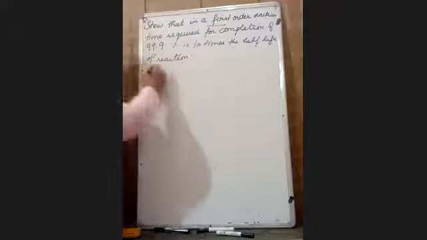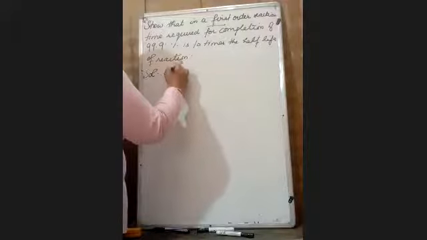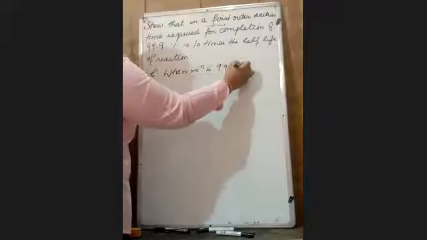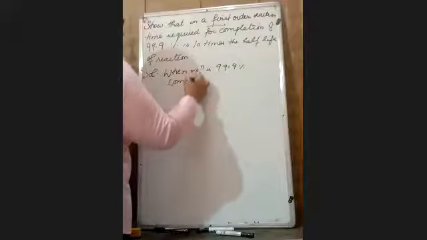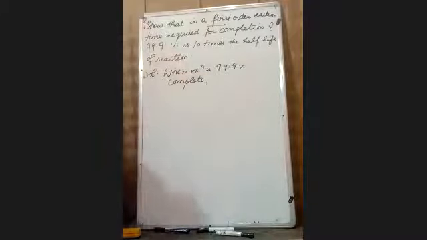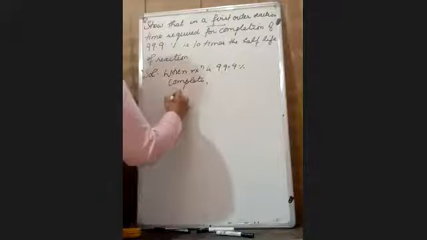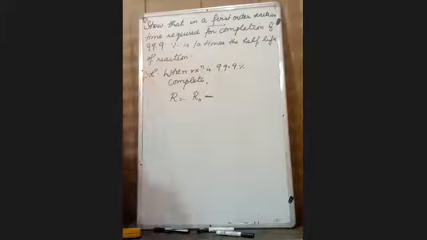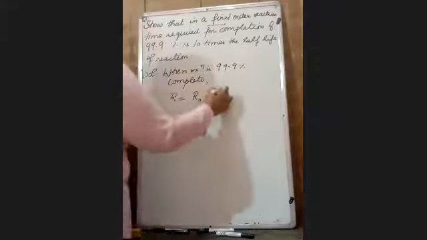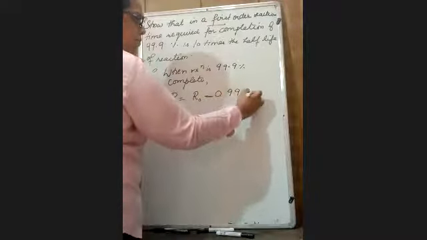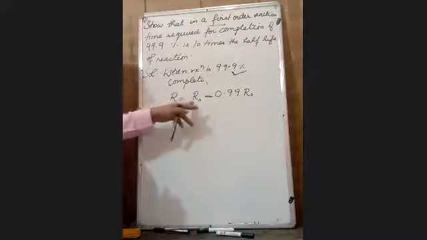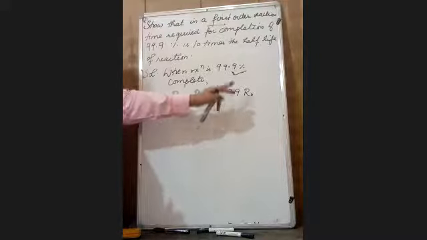Now tell me, when the reaction is 99.9% complete, we can write R is equal to R naught minus 0.99 of R naught. Simple, because it is given to us. Suppose it is 1, then it is 0.99 of initial concentration.